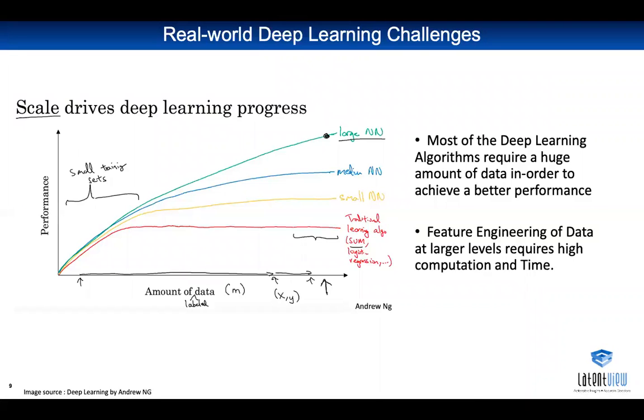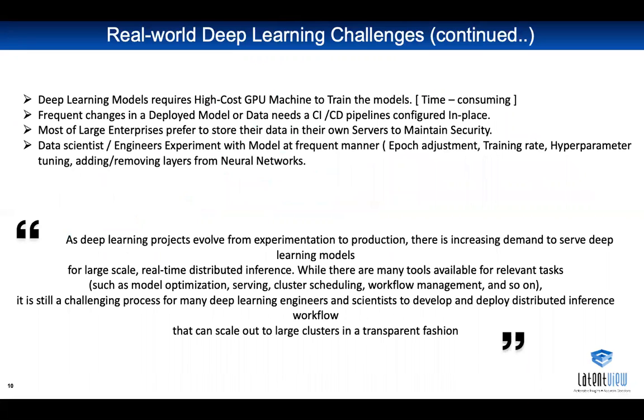Again, feature engineering at a larger level is not easy with most of the tools running nowadays. Of course, TensorFlow and other tools have come up with their own serving methods and handling of how models are deployed across clusters. Another problem I am seeing is that the models require a high cost GPU machine, as I already explained, because we suffered a lot in our experience.